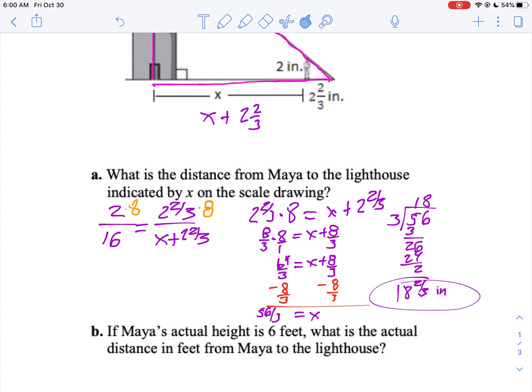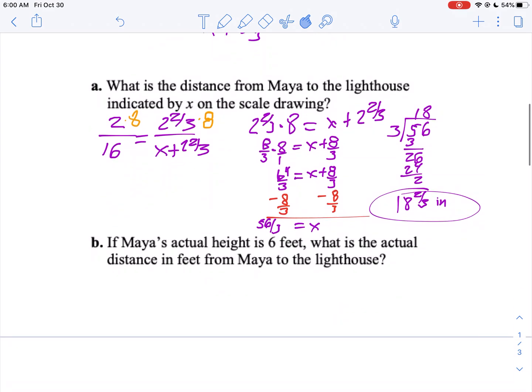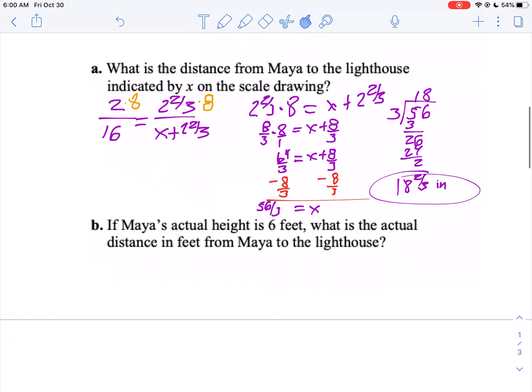Now we'll do the same thing on letter B. If Maya's actual height is 6 feet, what's the actual distance in feet from Maya to the lighthouse? So we'll write a proportion here again, or a ratio. We know on the scale drawing, Maya is 2 inches tall. So 2 inches corresponds to 6 feet.